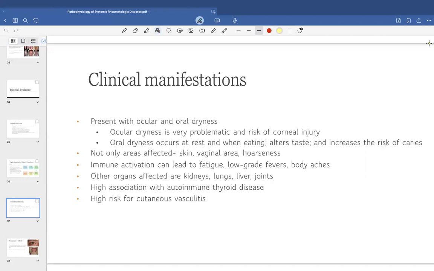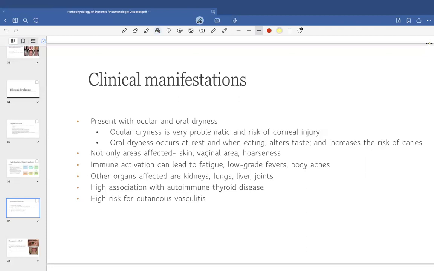And if somebody has Sjogren's, there is a high association with autoimmune thyroid disease. Right? Now, which comes first? Patients may have an autoimmune thyroid disease and then present later with Sjogren's-like symptoms, or they have Sjogren's and then develop an autoimmune thyroid disease.